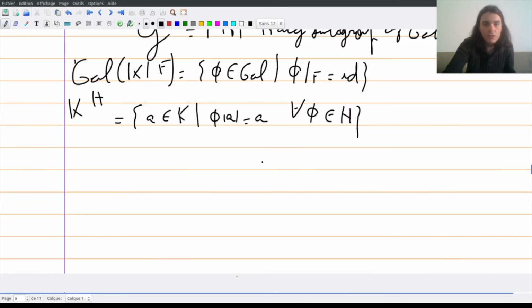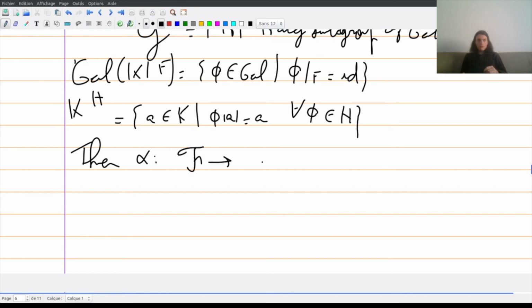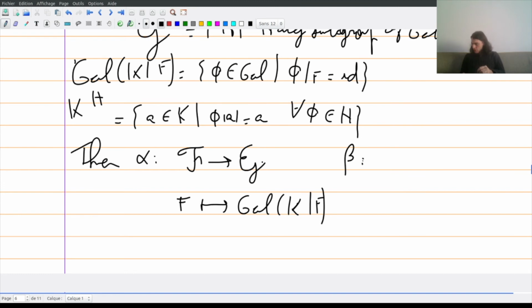And then I can define two maps. So alpha from F to J, you take F and you map it to Gal of K over F, and beta, you go from J to F, you map H to K of H. So the two maps are inverse of each other.